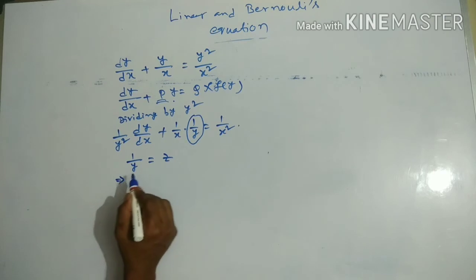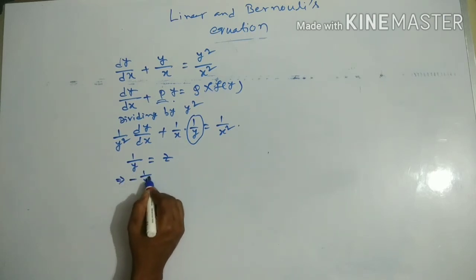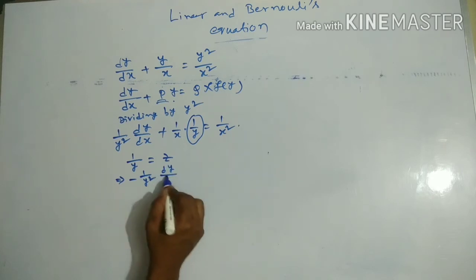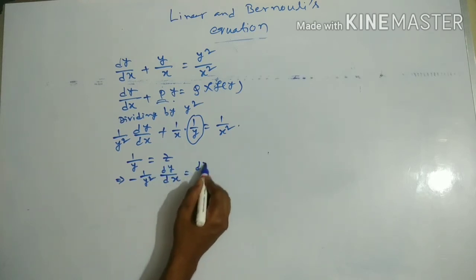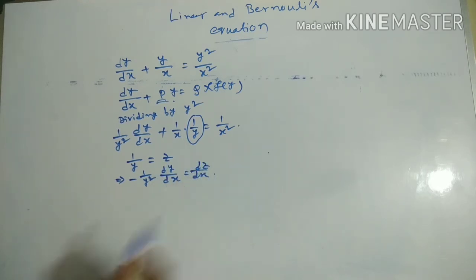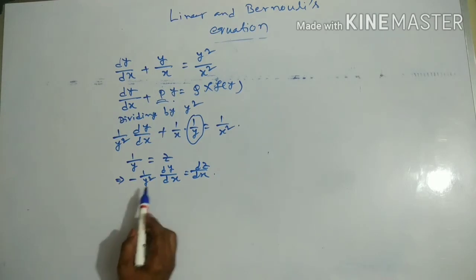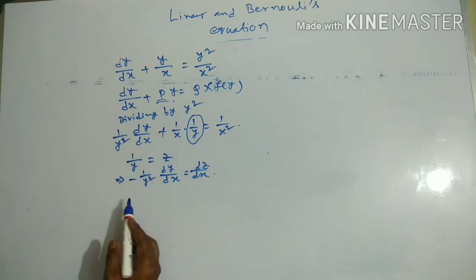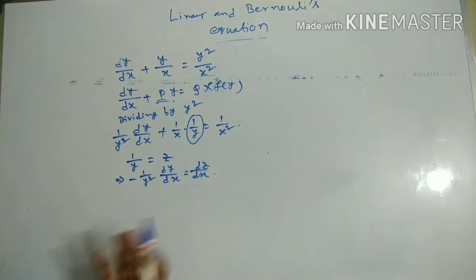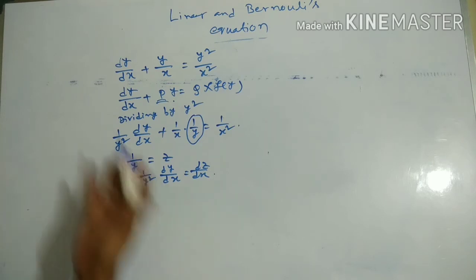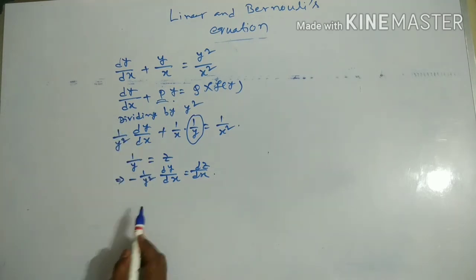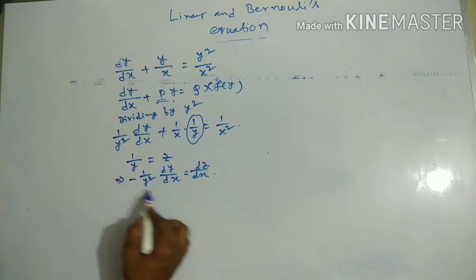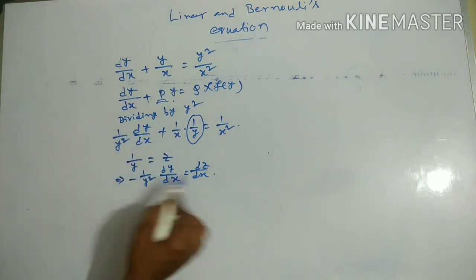Then differentiating both sides with respect to x, that is −(1/y²) dy/dx = dz/dx. Now see that this function is identical with this, only opposite in sign. There may be a variation of sign or variation of constants, but the main function is the same. So we can substitute this by −dz/dx.